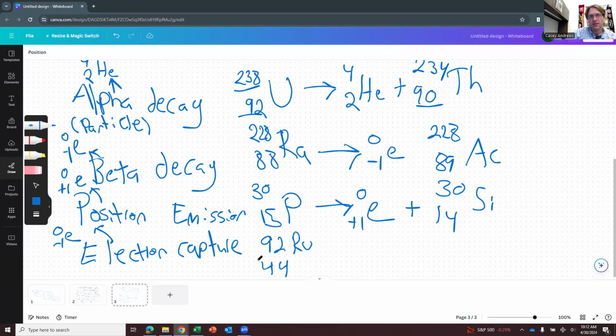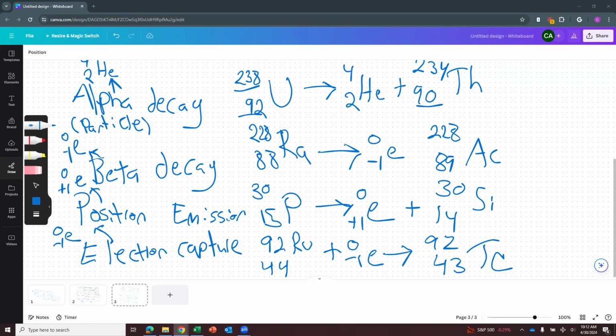If this is an electron capture, that means I get a new reactant, but it's the same rule. So 92 on the right because I have 0 for my electron. And I'm also going to have element 44 minus 1. Or sorry, I don't know how to do math. 44 minus 1 is 43. That's Tc.